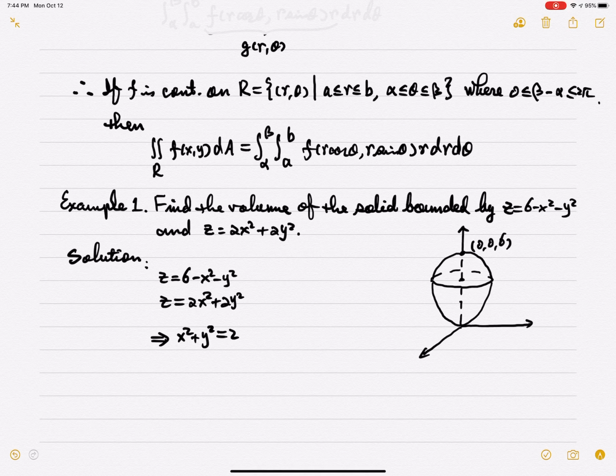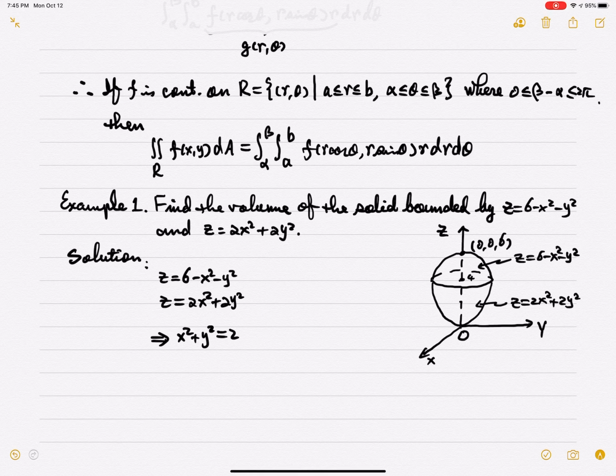Here is 4. Now this surface is z equal to 2x squared plus 2y squared, and the top surface is z equal to 6 minus x squared minus y squared. So this is x, y, z.